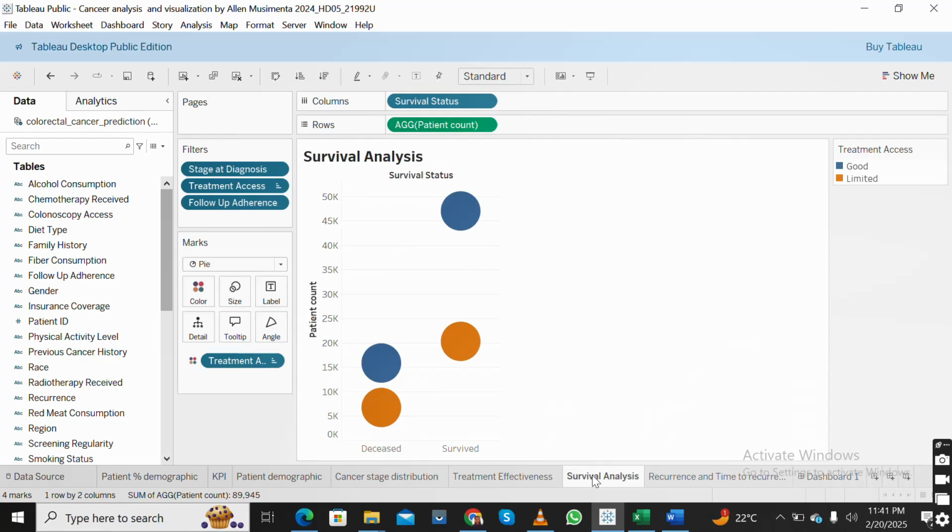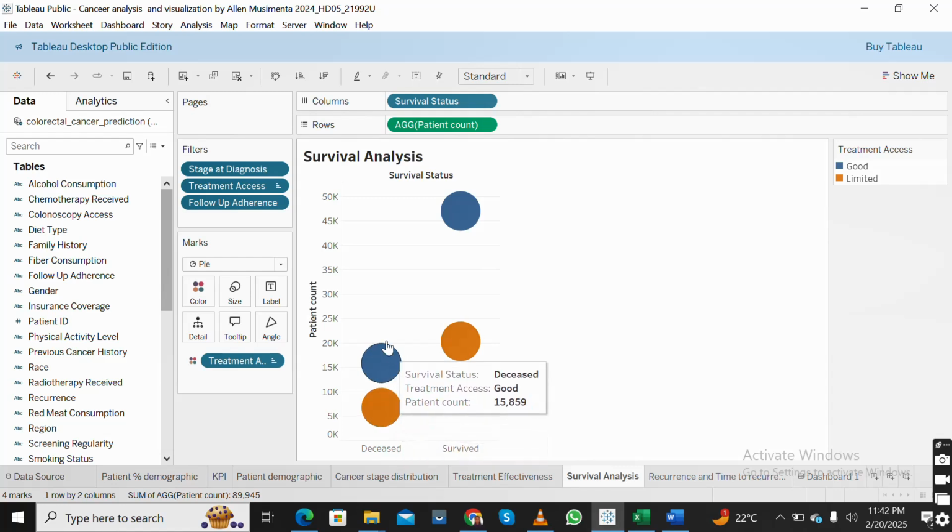So the survival rate, we're looking at the deceased and survived. So we had the column having status, the survival status, which is deceased and survived. And then we had the row of patient count. So here we look at deceased but with limited treatment, then those that deceased with good treatment.